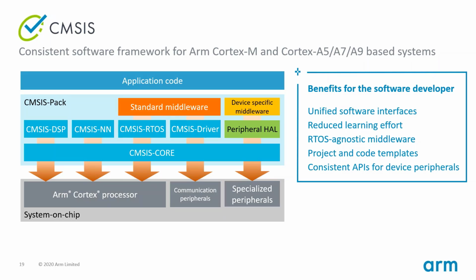It is RTOS agnostic in the form that you can actually change the RTOS kernel as needed. There are also several other RTOS vendors that are offering an RTOS 2 abstraction layer. We offer for this system project and code templates, a consistent API for communication peripherals, so that you can actually use standardized middleware.